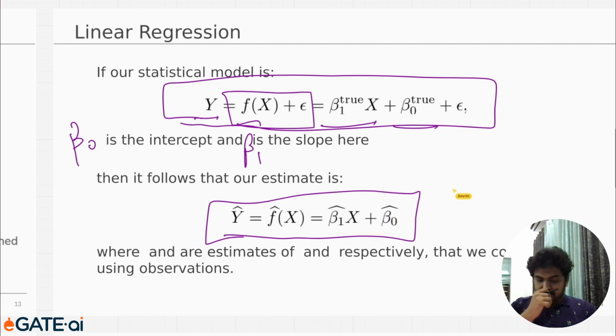Here beta 1 hat and beta 0 hat are estimates of beta 1 and beta 0 respectively, which we compute using observations.